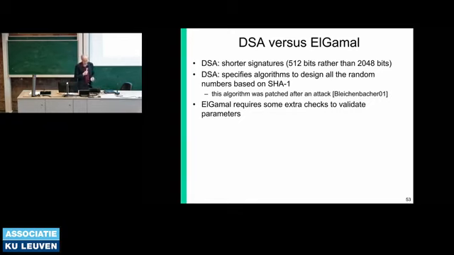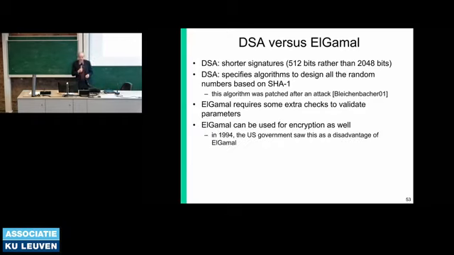And then El-Gamal does require a few checks. If the parameters are set up maliciously, then El-Gamal is insecure. And as I said, El-Gamal is more functional. It's more suitable because you can use it for encryption as well. But the US government had quite a different view of this. They saw this as a disadvantage. So El-Gamal is no longer used. DSA is also no longer used.